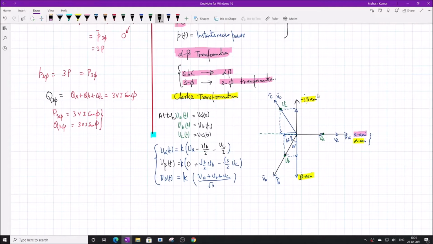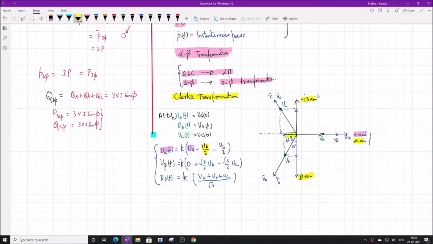If we resolve ABC along alpha, then you can see that the component of VA along alpha is simply VA, and the component of VB along alpha is minus VB by 2, because its magnitude is VB cos 60 in the opposite direction.